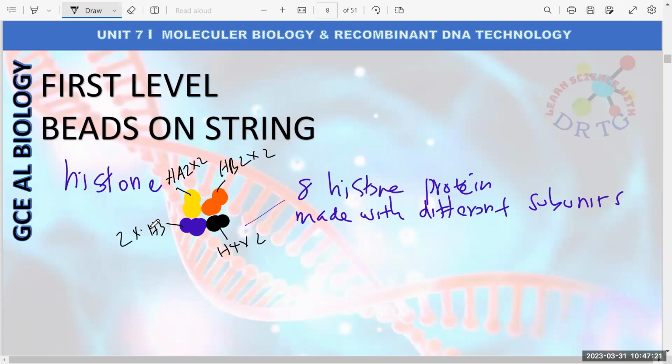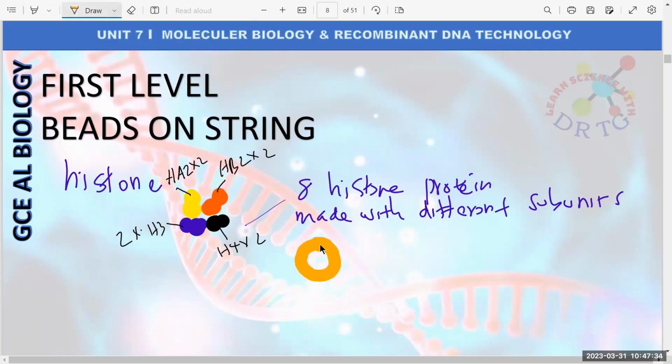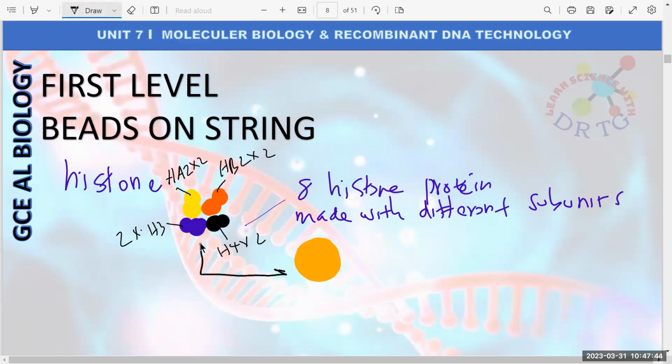So they get together and join to make 1 unit, right? So they make 1 unit at the end. So I just draw it like this as 1 unit now, just to make it simple. Now this provides a space, a background or stage that the DNA can wrap around.